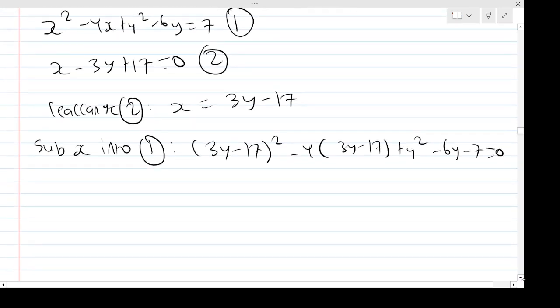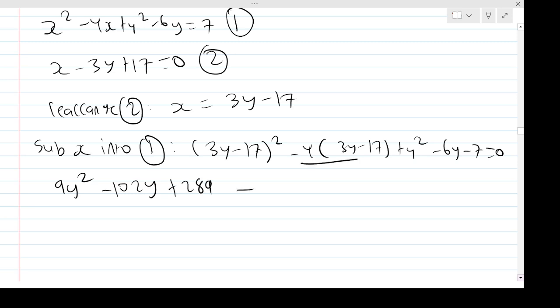Then I just need to expand these brackets. 3y squared would be 9y squared. Then 3y times minus 17 is minus 51, and then another minus 51 will be minus 102y by expanding. Then minus 17 all squared gets me positive 289.